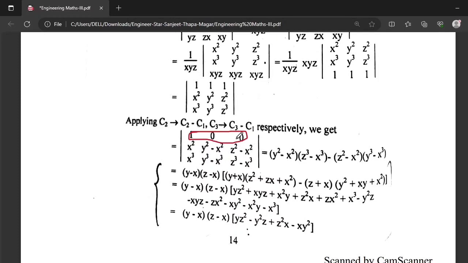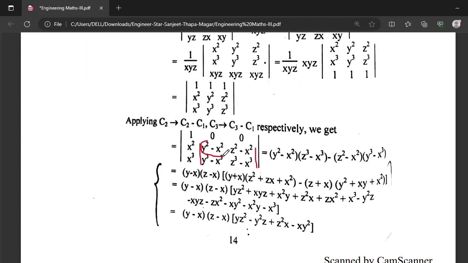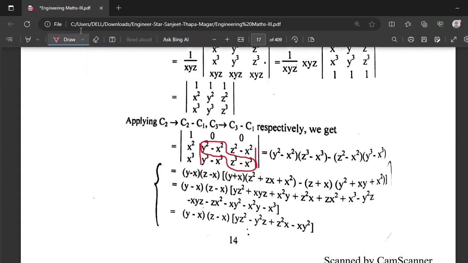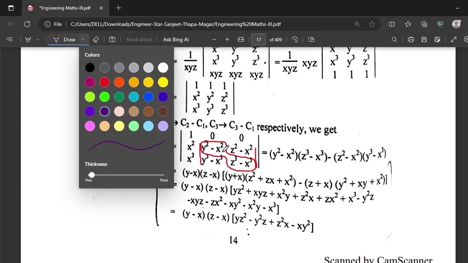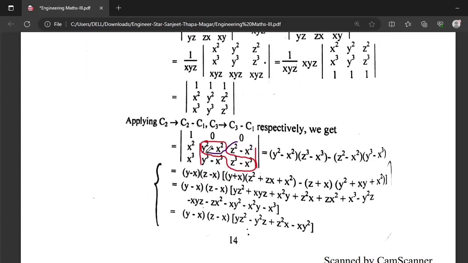So expanding along R1 is 1 multiplied by removing this row and column, and the remaining is this determinant of this, and this is y square minus x square, z cube minus x cube, and minus this one, z square minus x square multiplied by y cube minus x cube.